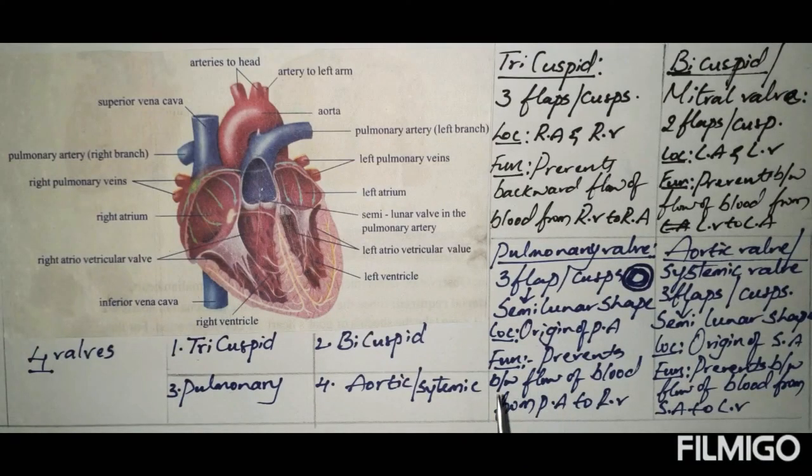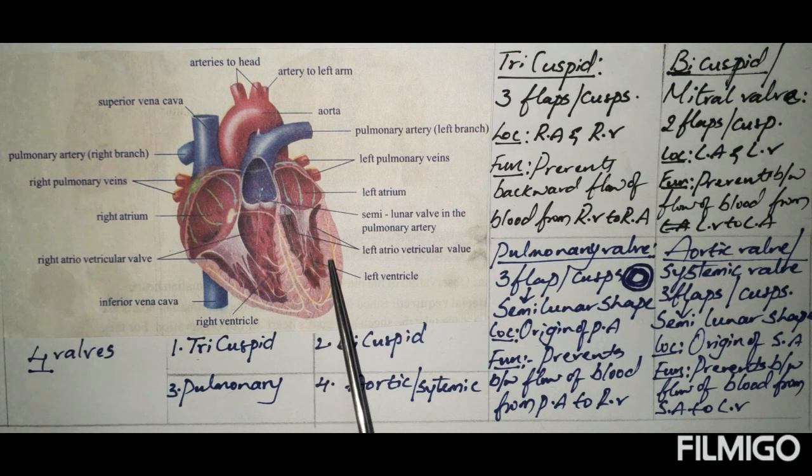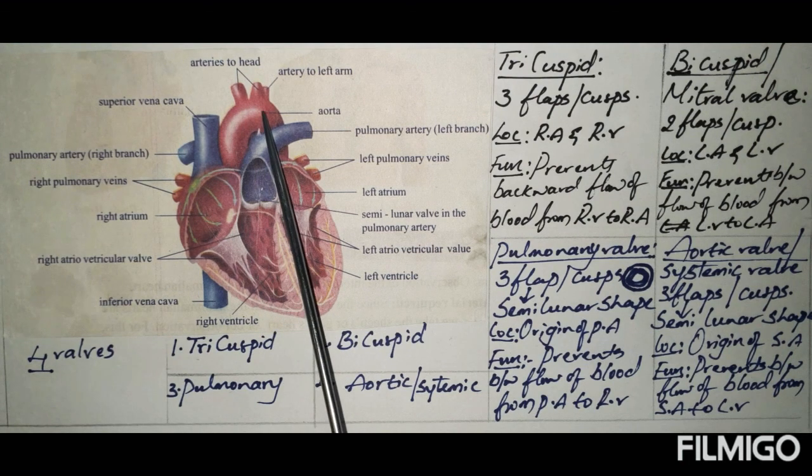Functions of different valves. Tricuspid valve prevents backward flow of blood from right ventricle to right auricle. Bicuspid valve prevents backward flow of blood from left ventricle to left auricle. Pulmonary valve prevents backward flow of blood from pulmonary artery to right ventricle. Systemic valve prevents backward flow of blood from systemic artery into the left ventricle.